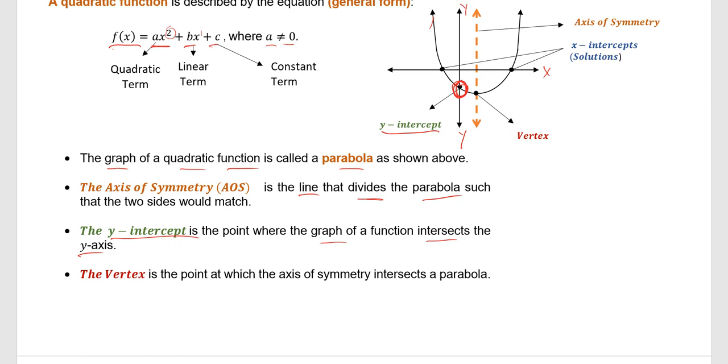This is plus y, this is minus y. The vertex is the point at which the axis of symmetry intersects the parabola. The axis of symmetry breaks the graph into two equal parts, and the point where it crosses the parabola is the vertex.